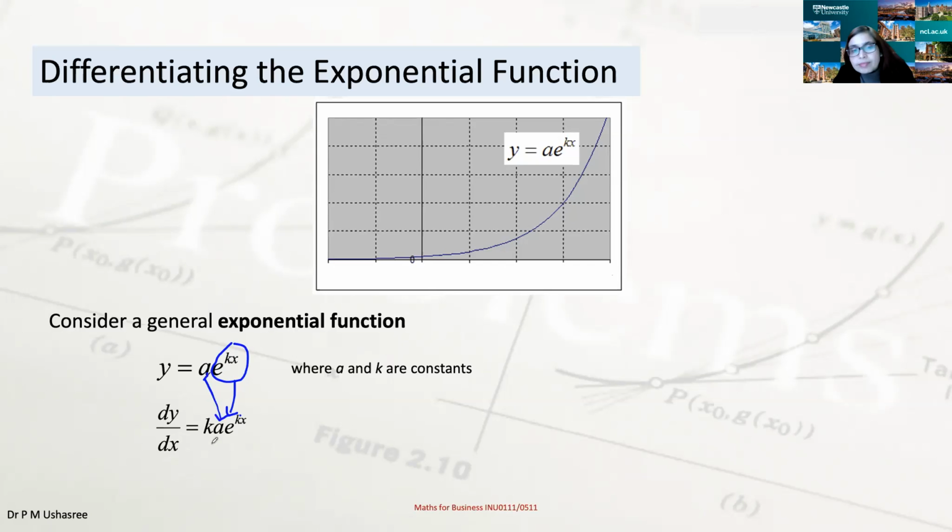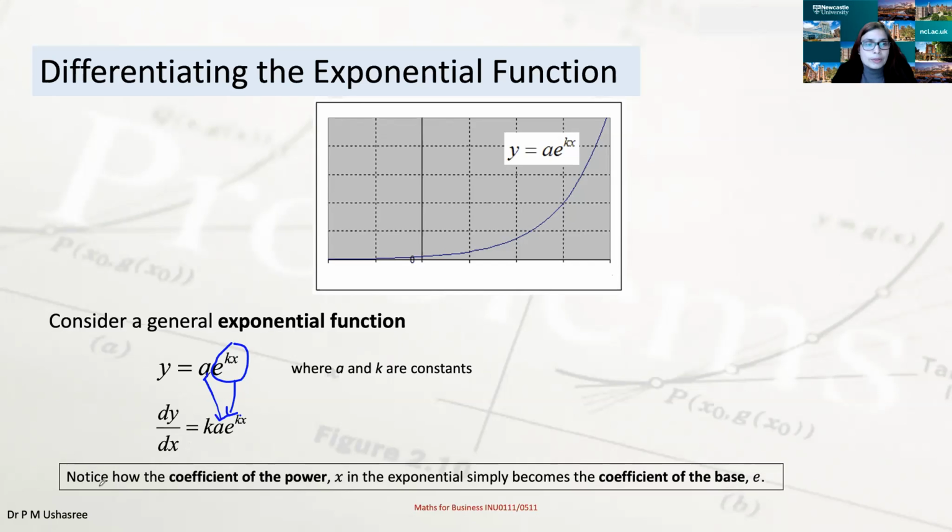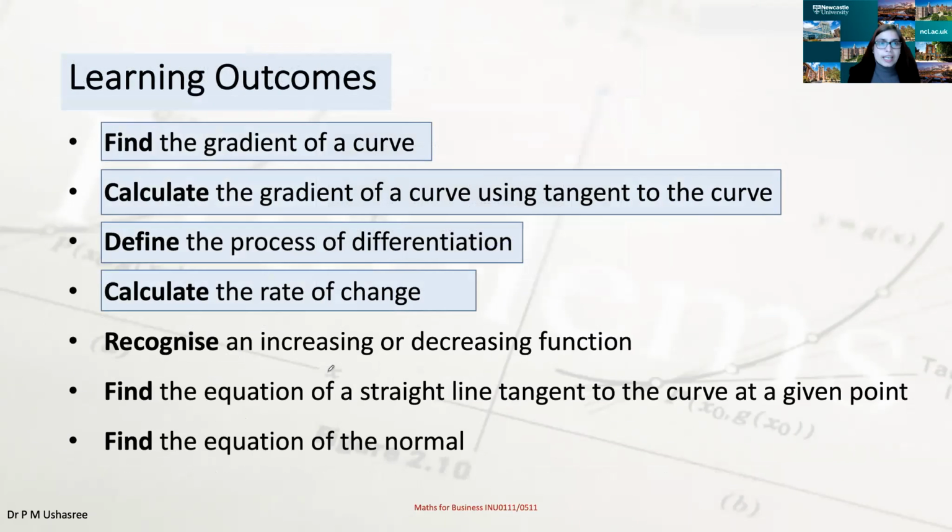That's it. So you should remember this, okay? The coefficient of x in the power of the exponential simply becomes the coefficient of the base now. It's a beautiful relation, yeah?